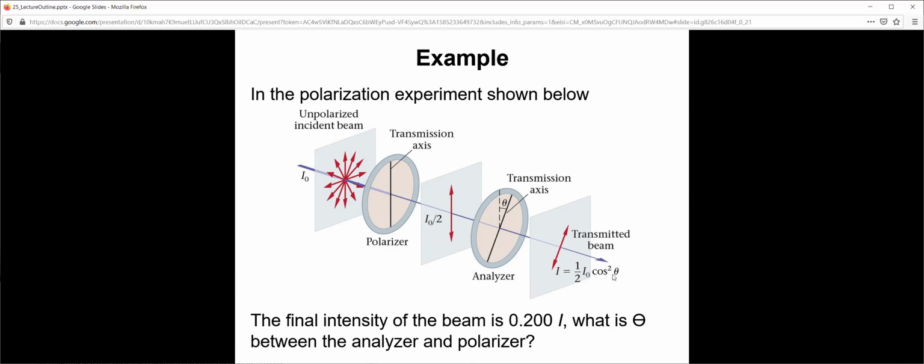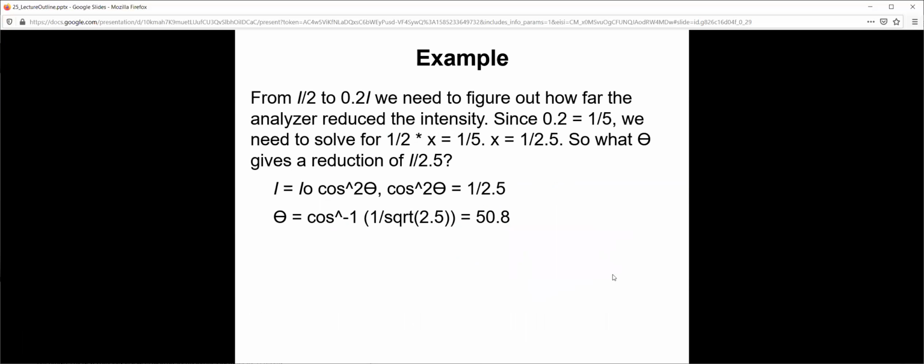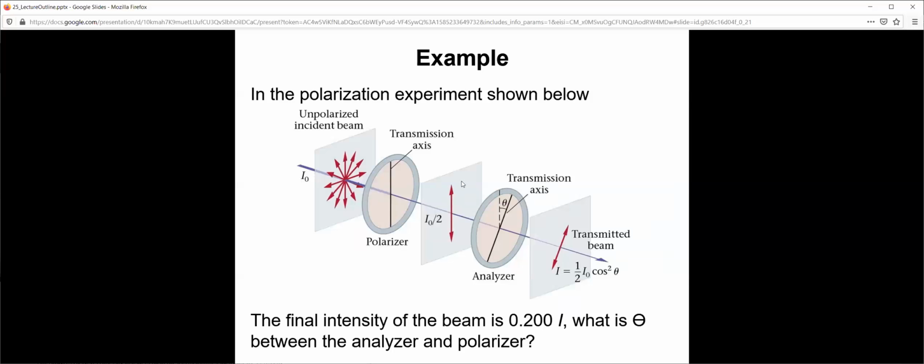What can you do? Well, we drop the intensity from its original intensity to 0.2. We know that the polarizer here halves the intensity, right? So between the polarizer and the analyzer, we lose half of our intensity.